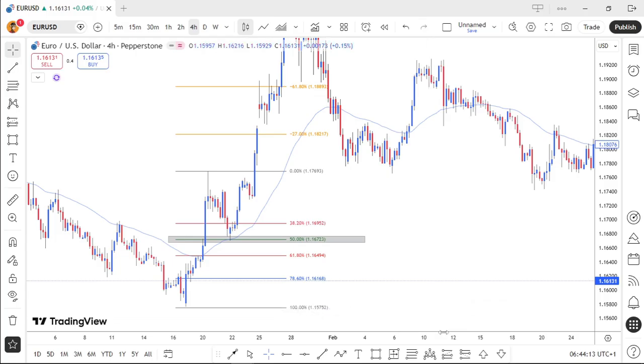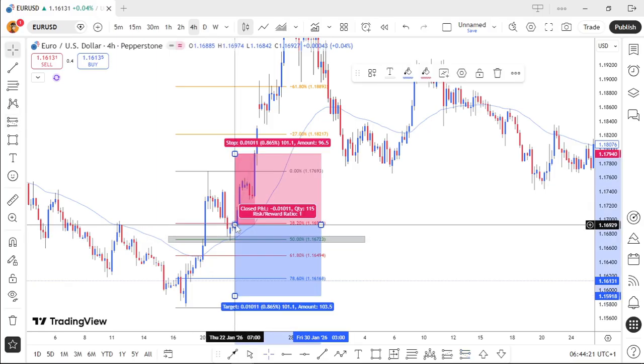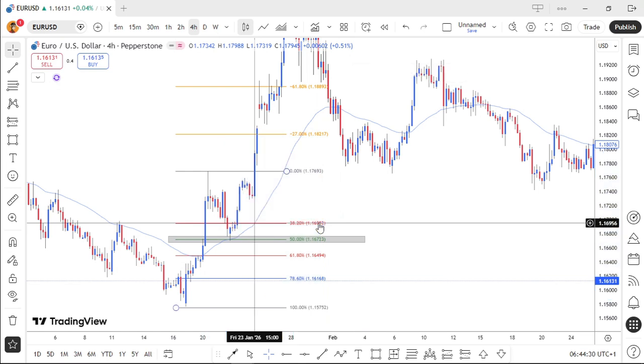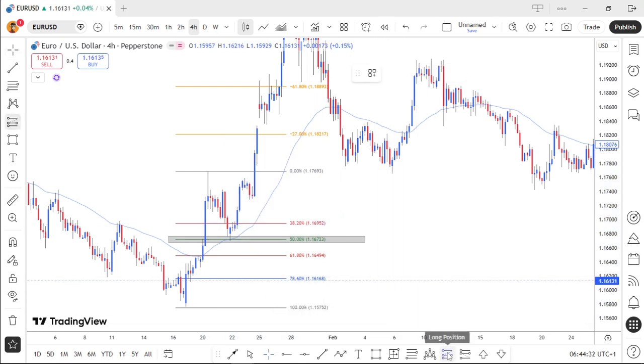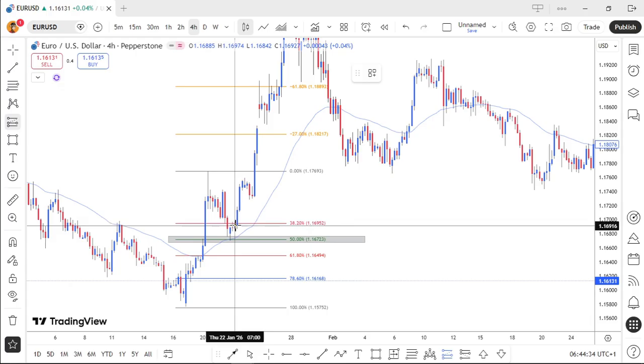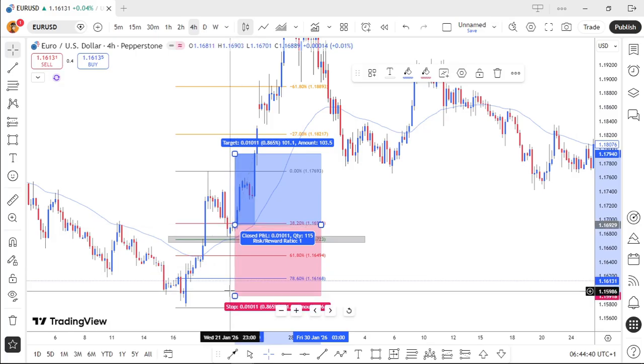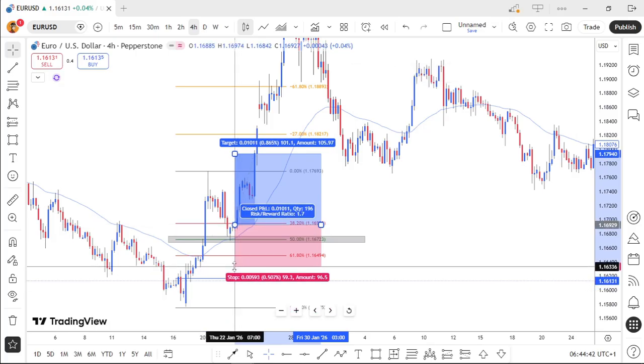So in this case, if we want to catch this movement, when we bring out our short position, sorry, this is the opposite. This is an uptrend, so we need to use our long position. We've already seen the sign of the rejection, so we bring out our long position.